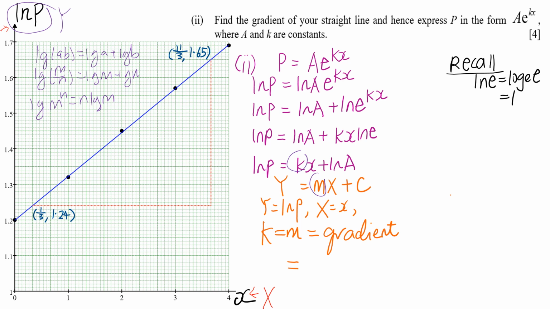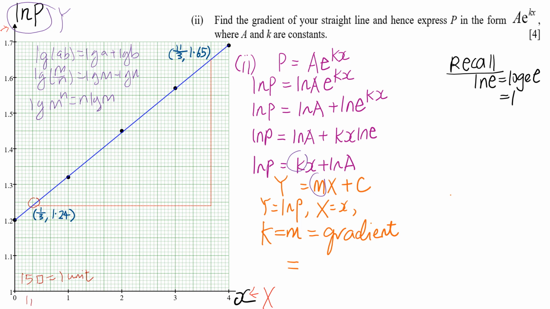Let me explain how I get this point here. I'm using this point because you have to use a point that lies on the line. I choose this point, and it's easy to calculate because of the scale given to you, so you have to use it. There are 5 small squares, 5, 10, 15, so 15 small squares equals 1 unit.